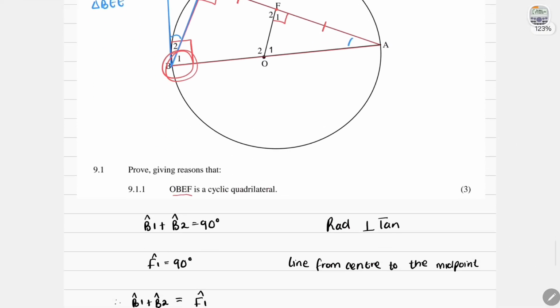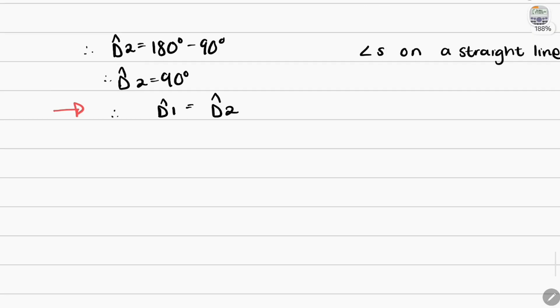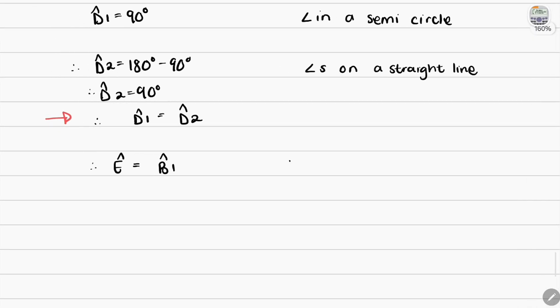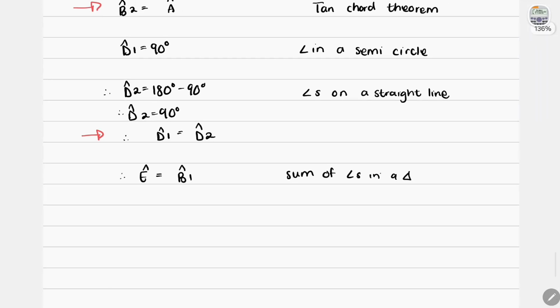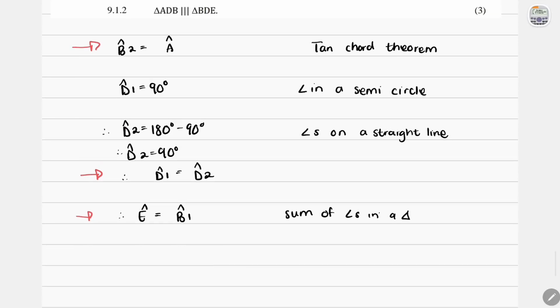The reason there is the sum of angles in a triangle. So angle E is therefore equal to angle B1, because of the sum of angles in a triangle. Once we found two, the third ones would just automatically be equal.